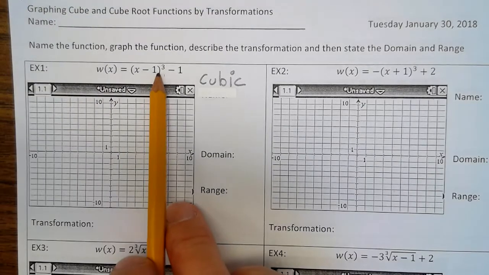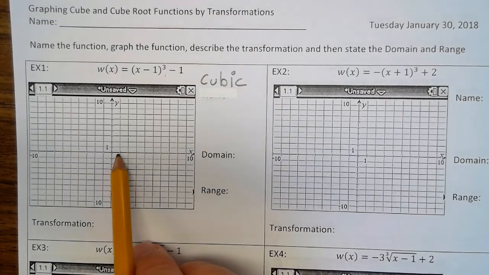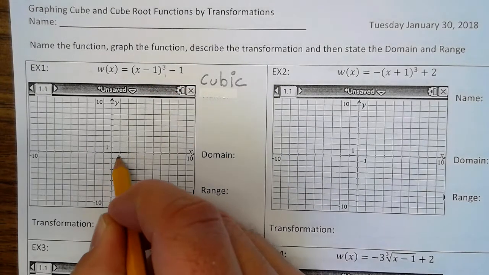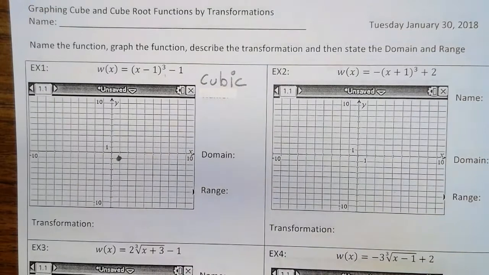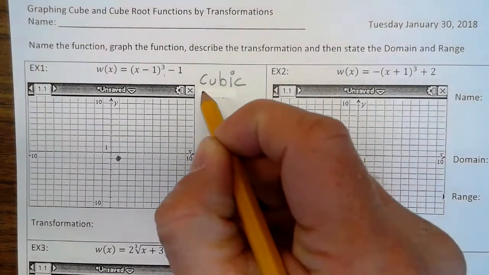So that means the -1 means we move to the right one, and the -1 is down 1. So that's our new HK. Okay? And then we're going to graph by direction.